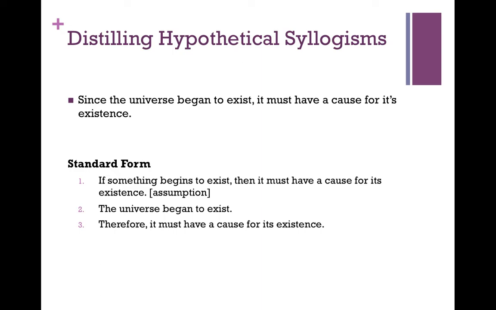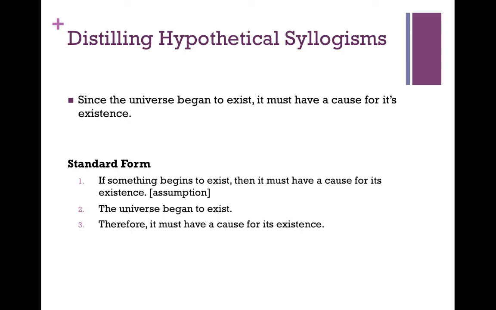You actually could understand this as a categorical syllogism too, because you might say all things that begin to exist are things that have a cause for their existence. I said this a long time ago, but there is a huge deal of similarity between universal affirmative categorical propositions and hypothetical propositions.